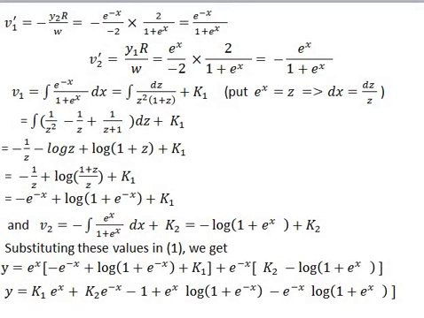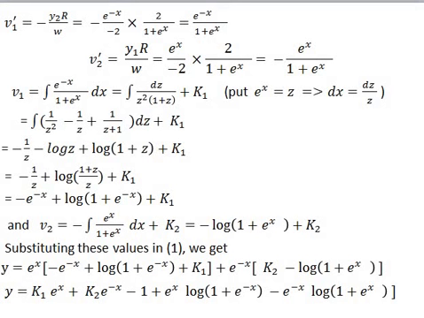So 2 gets cancelled, 1 plus e to the power of x. And v2 dash is equal to y1 r divided by w. Here y1 is e power x, r is 2 divided by 1 plus e power x, w is minus 2, which is equal to minus of e power x divided by 1 plus e to the power of x.